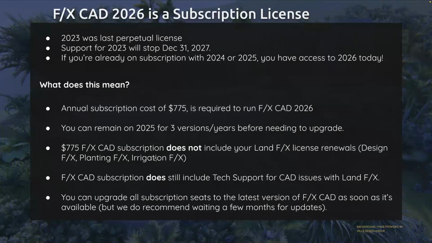But you would need to do that with full AutoCAD as well, or Civil 3D. And then it does include the technical support for CAD issues and issues with Land F/X. And then you can upgrade now, but we recommend waiting a bit.